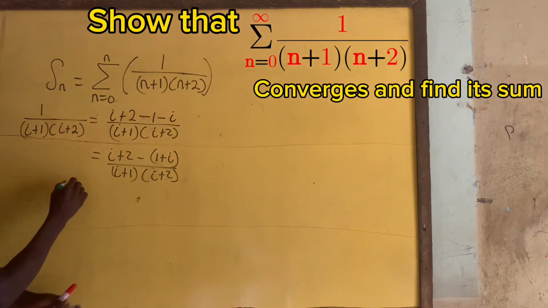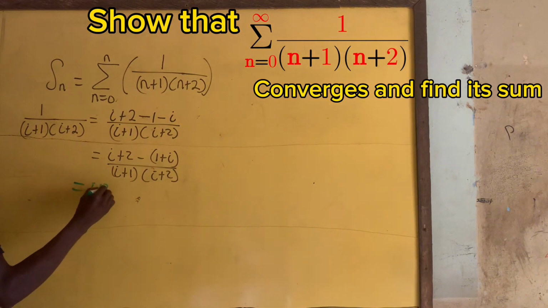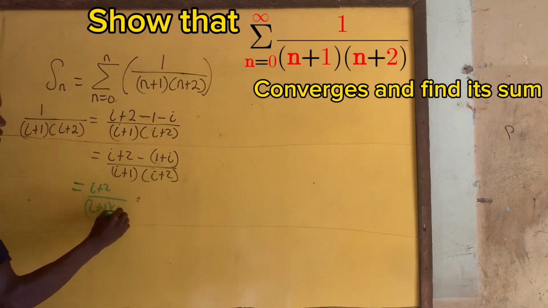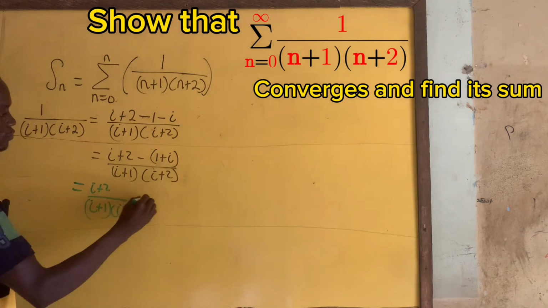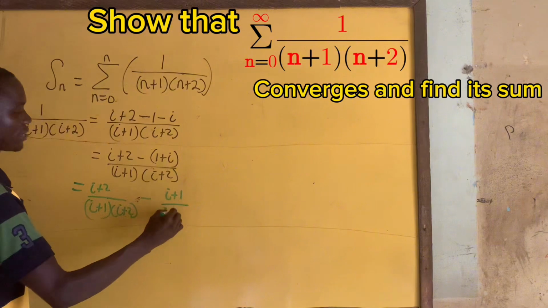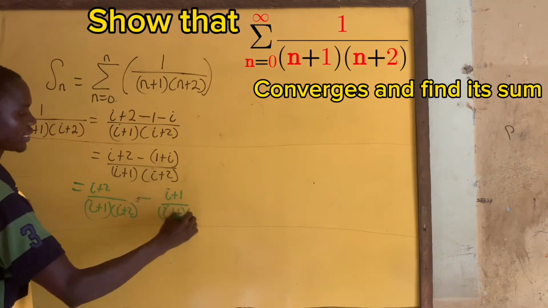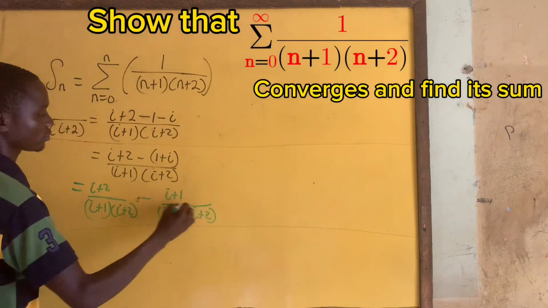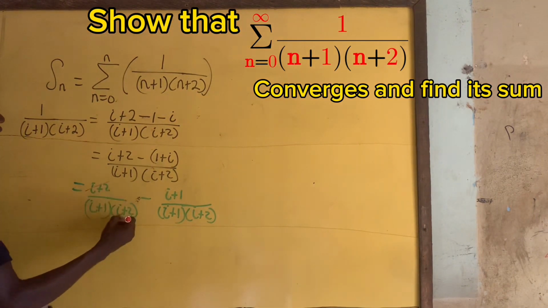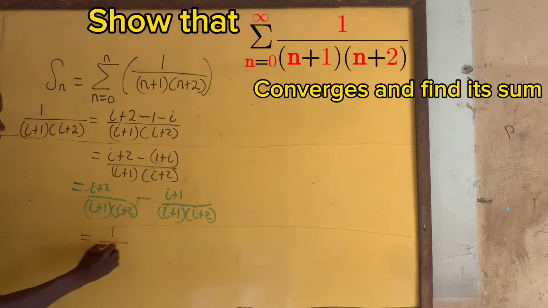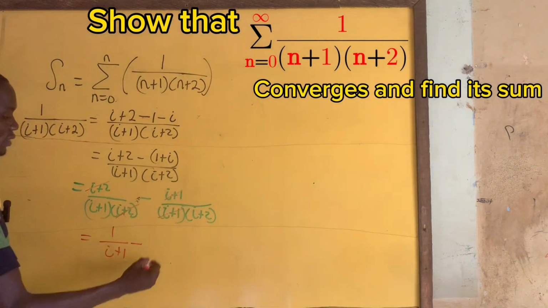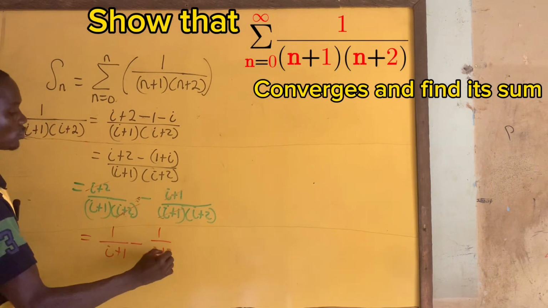So here we write (I+2) divided by (I+1) times (I+2), minus (I+1) divided by (I+1) times (I+2). So you can see that I+2 will cancel I+2, and we have 1 divided by I+1, minus I+1 will cancel I+1, so we have 1 divided by I+2.